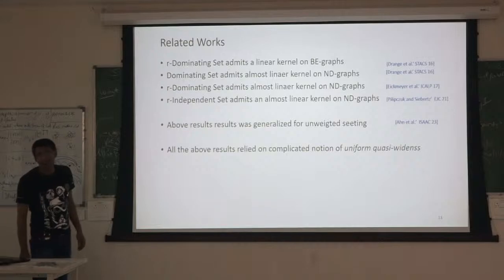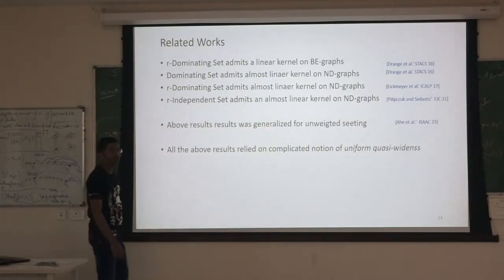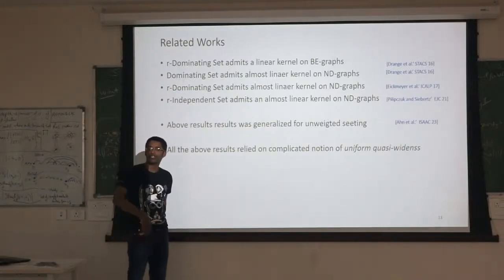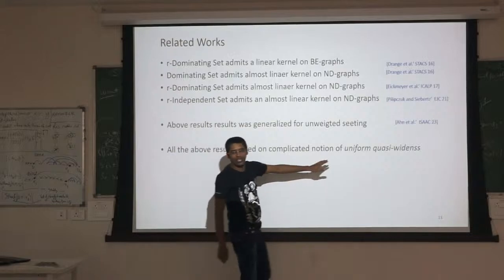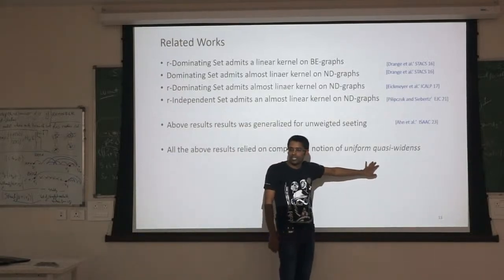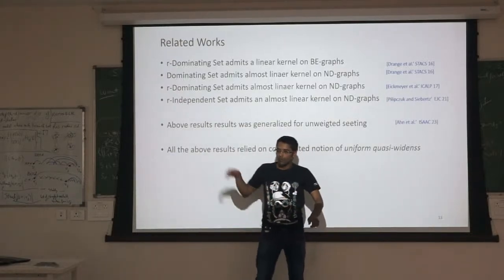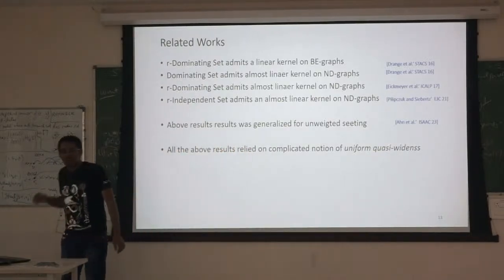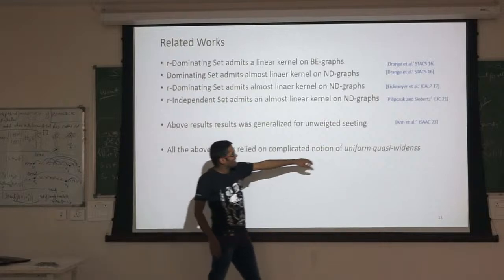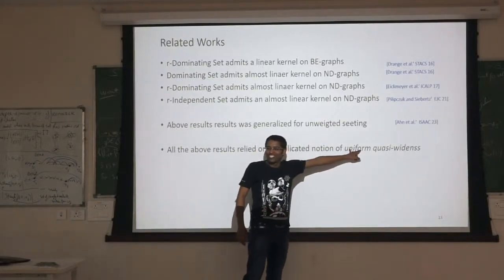But all of them use something called the uniform quasi-wideness property, which is another way of characterizing sparse graph classes. But it is very complicated. At least in terms of calculation, it is much more complicated than what I mentioned. So if you feel lost now, you would be much more lost with a kernel using uniform quasi-wideness.